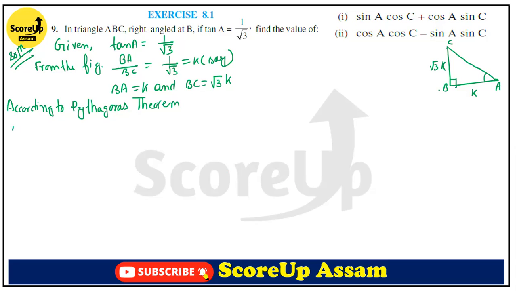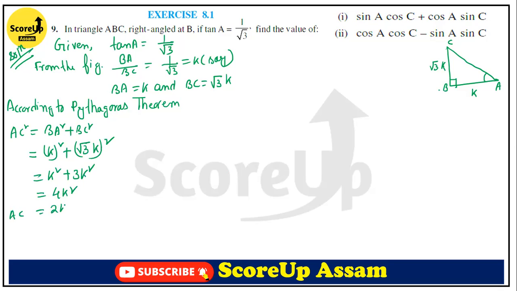So here AC square is equal to BA square plus BC square. BA is k, so it will be k square, and BC is root 3 k whole square. So it will be k square plus 3k square, because square and root get cancelled out. Ultimately it will be 4k square, so the value of AC will be 2k.